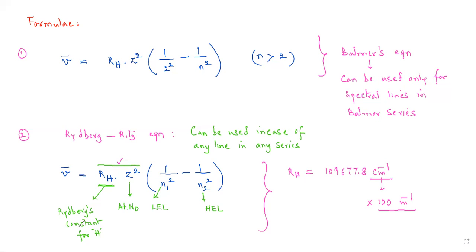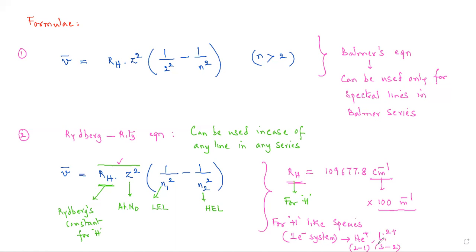So for any hydrogen-like species, this is only for hydrogen, yes? Then for any hydrogen-like species, what do you mean by hydrogen-like species? Means those with one electron in them. For example, take helium plus. Helium as such contains 2 electrons, but there is a positive charge, means it has lost 1 electron. So this is 2 minus 1. You can also take Li plus 2.